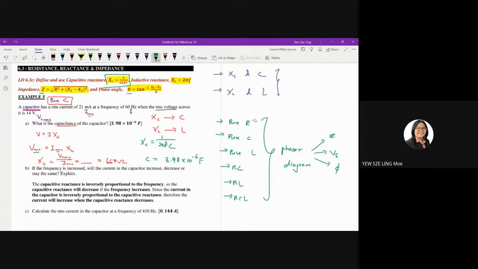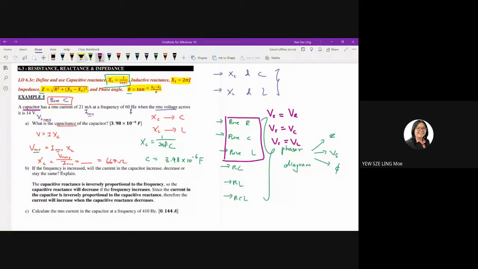When it comes to these first three types of circuit, the pure circuits, then V source is equal to VR, V source is equal to VC, and V source is equal to VL.